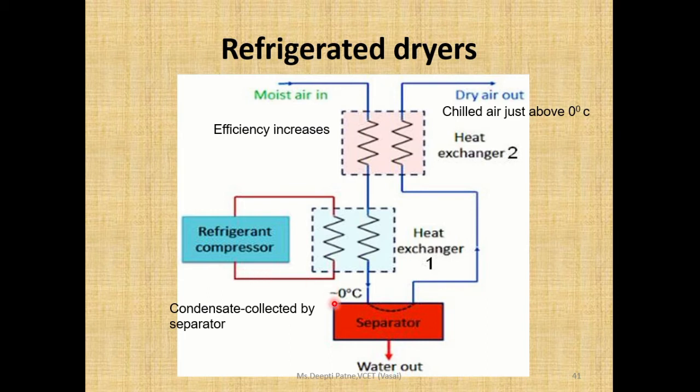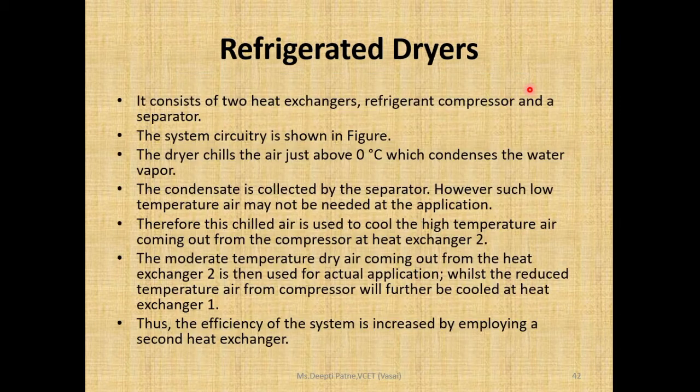The condensed liquid now starts to be collected. Almost 0 degree temperature is maintained over here, and the condensed liquid is collected in the separator. This air, which has already passed through these 2 heat exchangers, is recirculated and passed through heat exchanger 1. So heat exchanger 2 is increasing the efficiency of drying, and this dry air passes out.